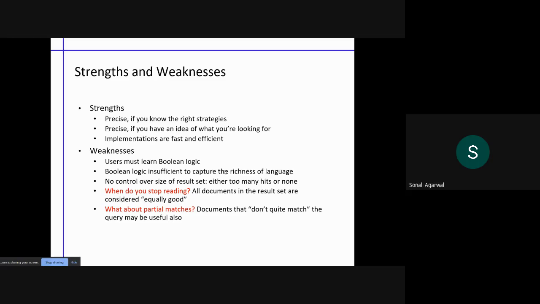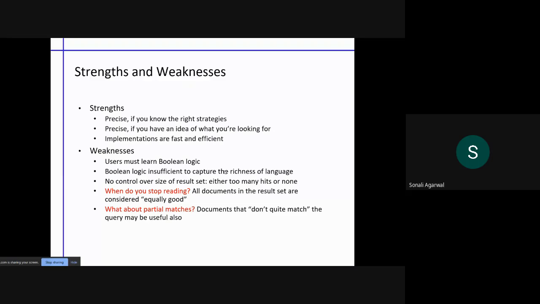As for the weaknesses, even if we are very familiar with Boolean expressions, for complex search operations, expressing all the constraints with Boolean operations may not be very easy. And sometimes these Boolean operations fail because of variations in the language, so it is not capable enough to handle language-level variety.